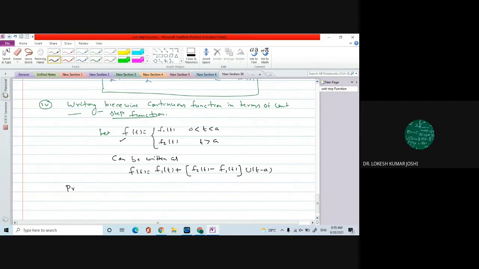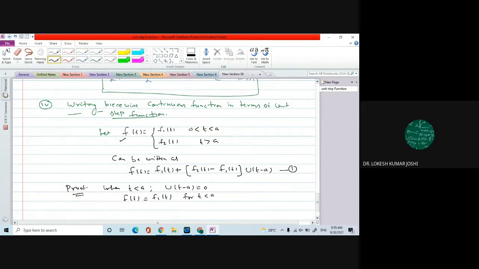Proof is very simple. When t is less than a, you all know the value of u(t minus a) will become 0. Therefore, if we put this value in equation 1, then f(t) will equal f1(t) for t less than a.